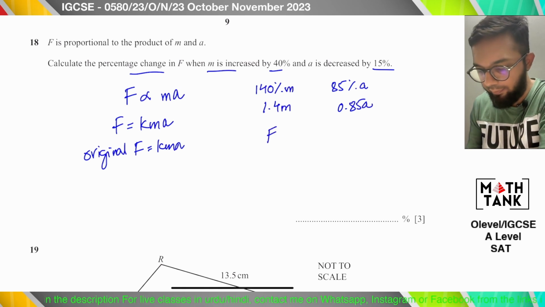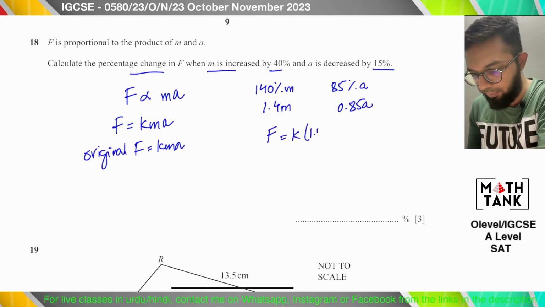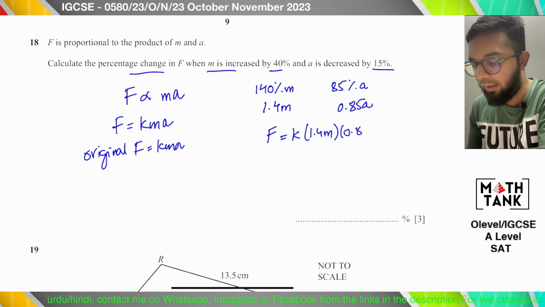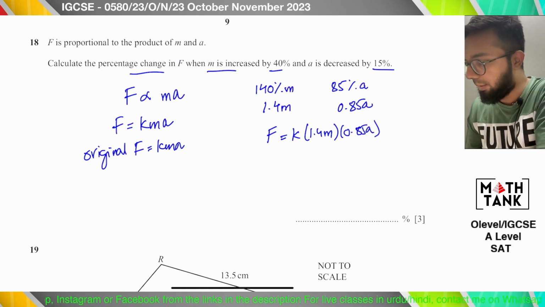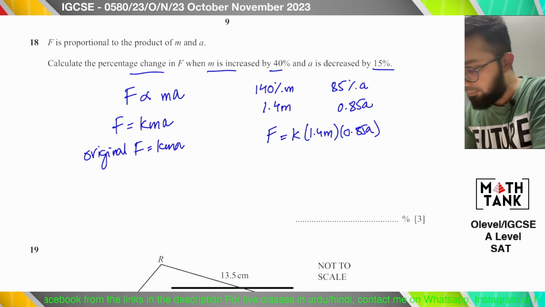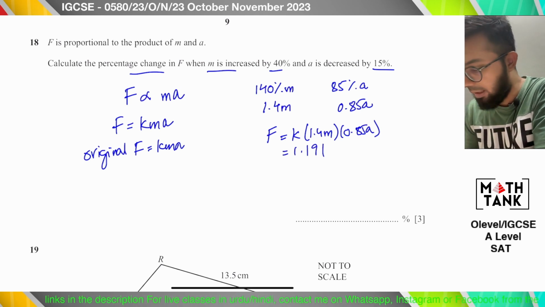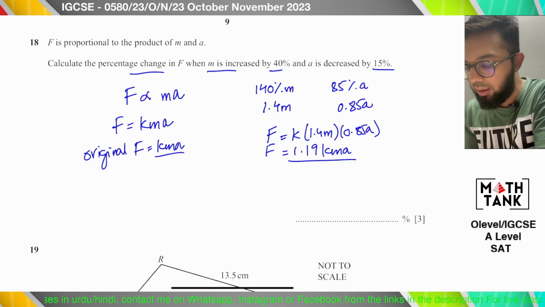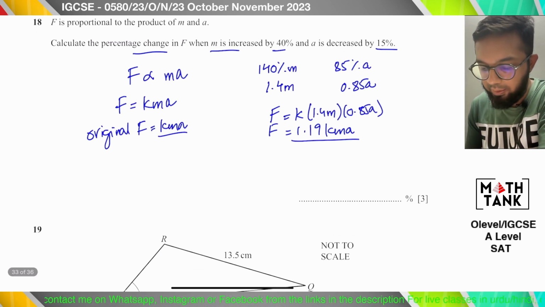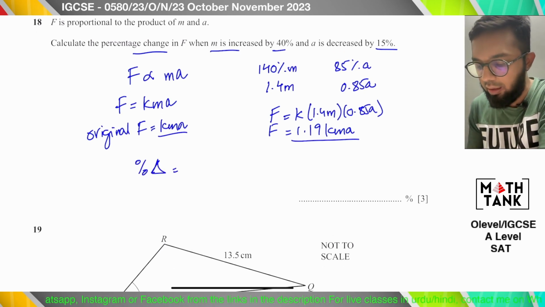So what is the new F? It's k times 1.4 M times 0.85 A. So I get 1.4 times 0.85, I get 1.19 kMA. So I have gone from kMA to 1.19 kMA. Can you do a percentage change formula?